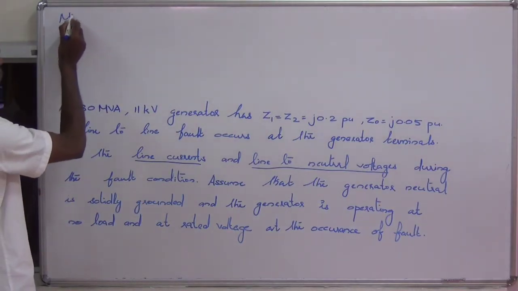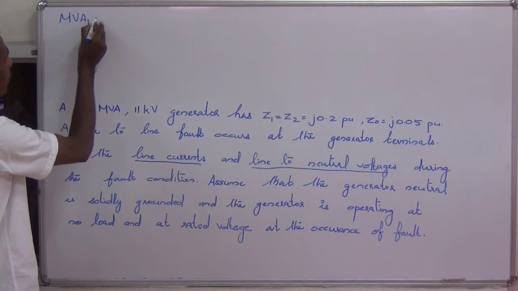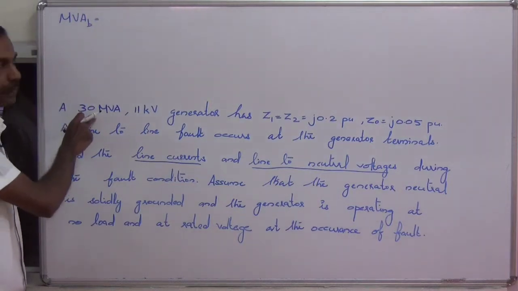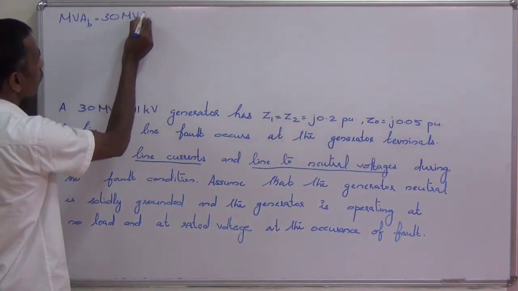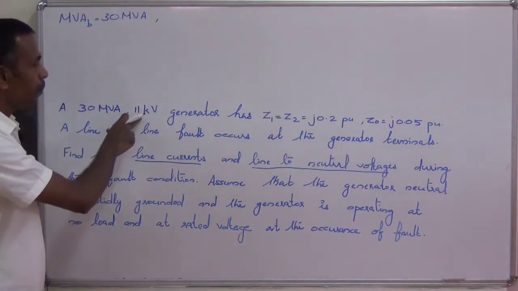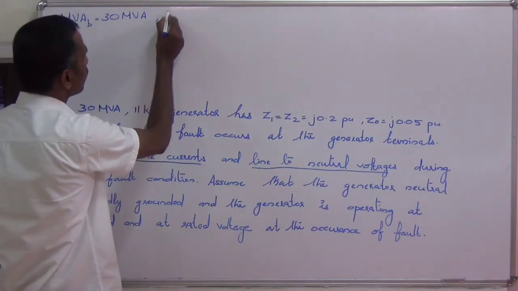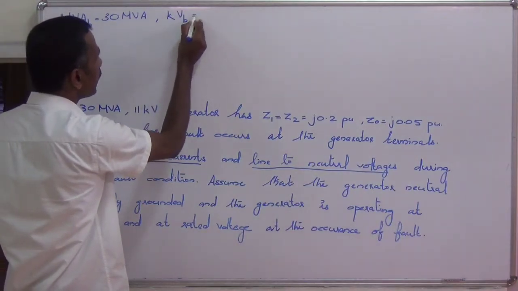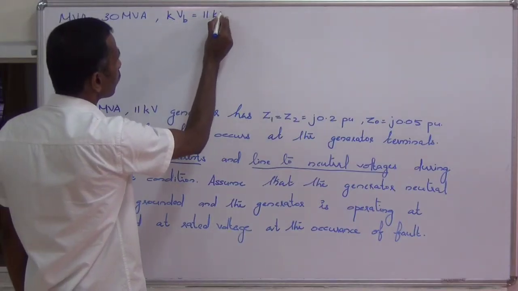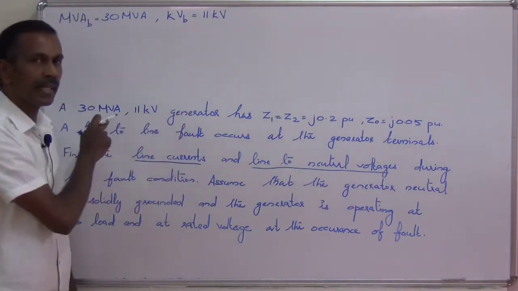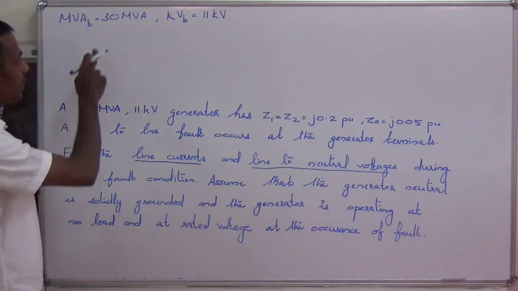We can choose the base MVA equals 30 MVA, and the base kilovolt, kVB, equals 11 kV. The rating of this generator is taken as the base values.